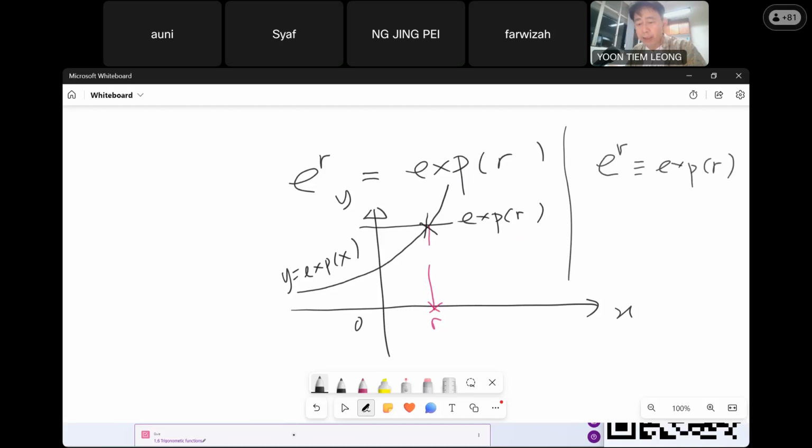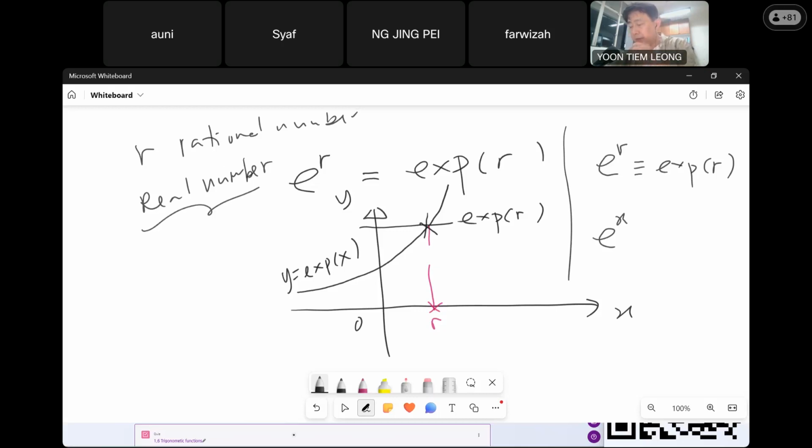So what happens if you are not raising e to a rational number, but instead raise it to a real number? You see, the r here is a rational number. It is different from a real number. The real numbers are the set of rational numbers together with the irrational numbers.